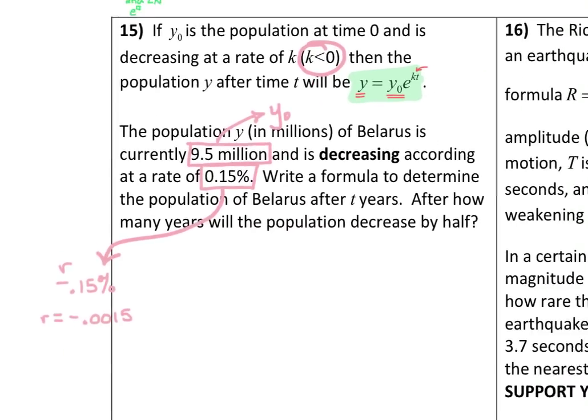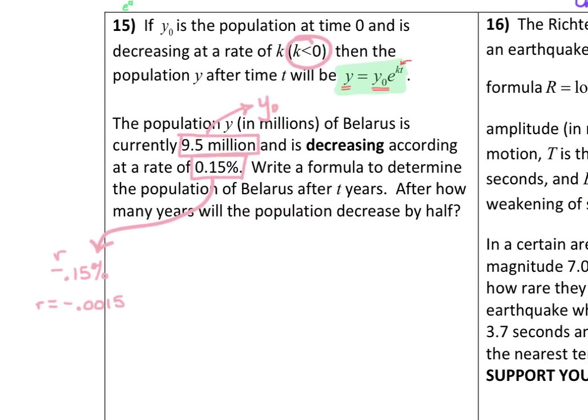That's your r value, and it asks you to do two things here. First of all, you're going to write a formula that's in this format that's given up above. And the second thing is, after how many years will the population decrease by half? So the assumption is that you're going to use the formula that you create to then compute how long it's going to take for the population to decrease by half.